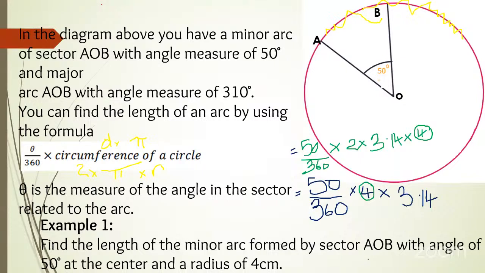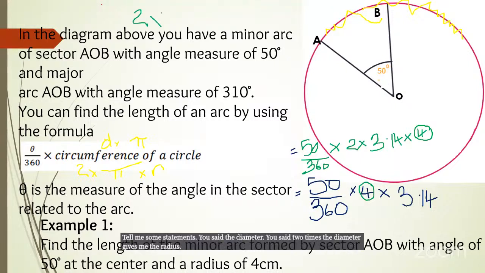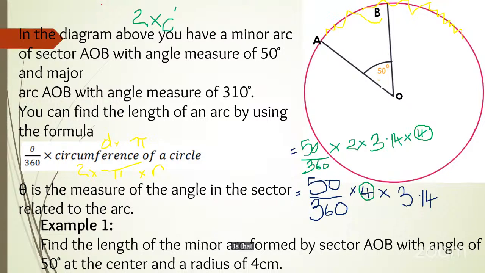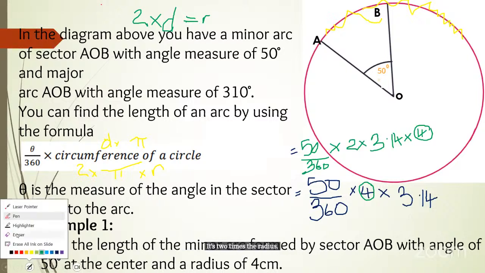Think about it now. Let us put it in words. Which is 2 times which? Tell me some statements. You said 2 times the diameter gives me the radius. Is that what you're saying? No, Miss, it's 2 times the radius that gives me the diameter.